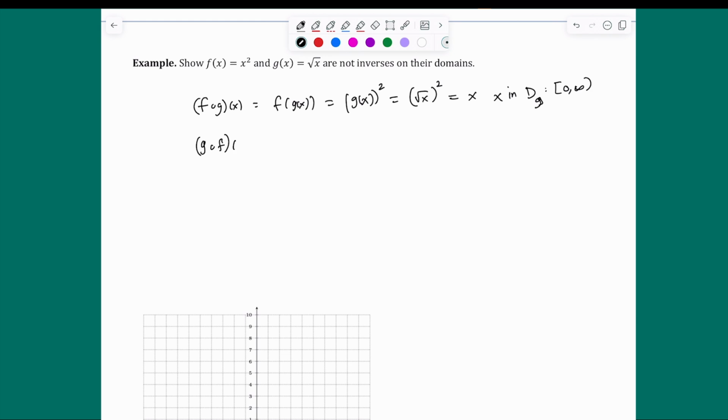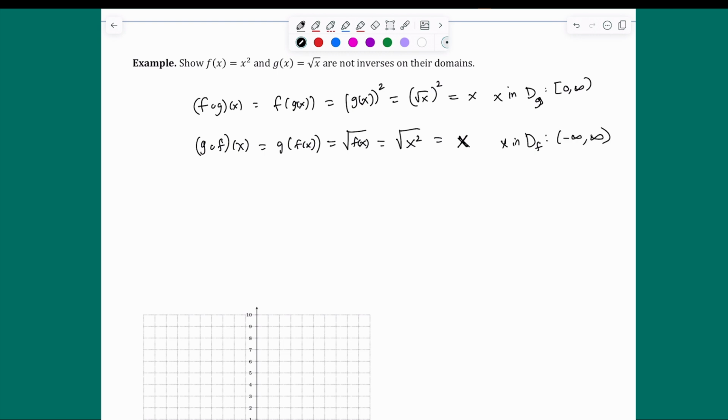So g of f of x, where we got the square root of f of x, which is really the square root of x squared. Well, here's where the issue comes. The square root of x squared, we like to say this would give us just x, but technically the square root is always positive, and we know that x is in the domain of f, and the domain of f is from negative infinity to infinity.